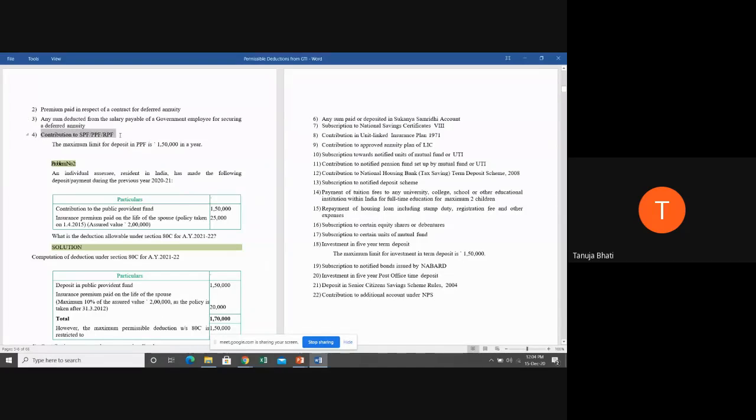Next, contribution to statutory provident fund, public provident fund, recognized provident fund. If you are making any contribution to any provident fund that is recognized by the central government, you will get a deduction. But again, the limit of deposit in PPF is 1,50,000 in a year.